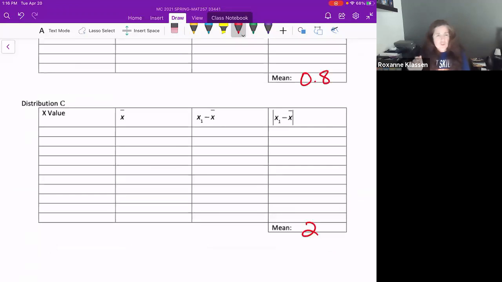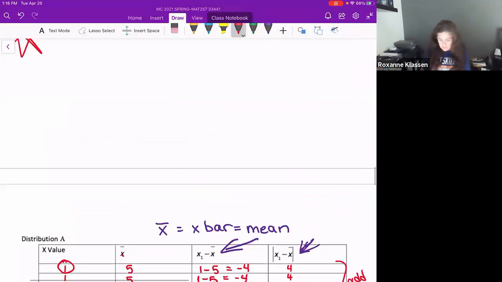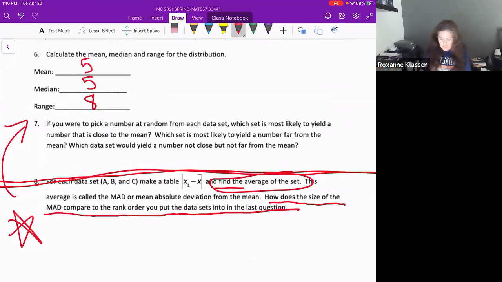Now, we have MADs of 0.8 or 8/10, a MAD of 2, and then a MAD of 3 and 2/10. So now compare that to what you saw when you answered number 7. On number 7, which data set gave us a number that's close to the mean?